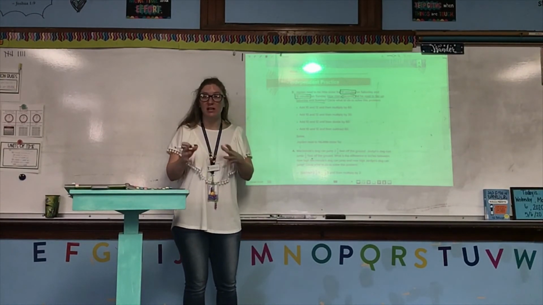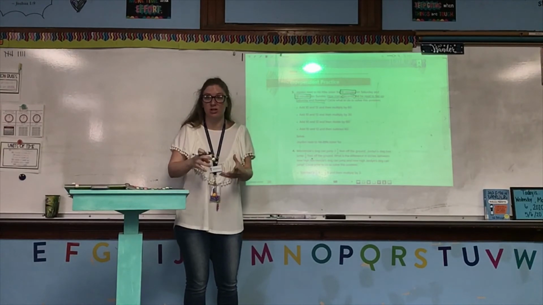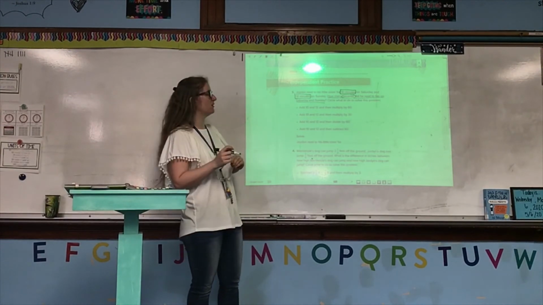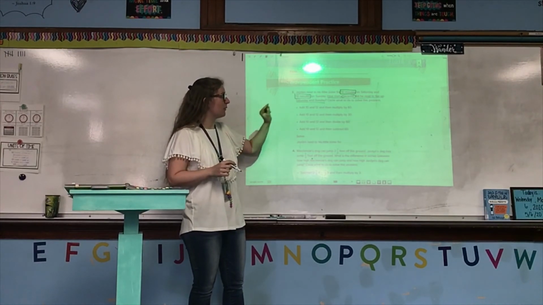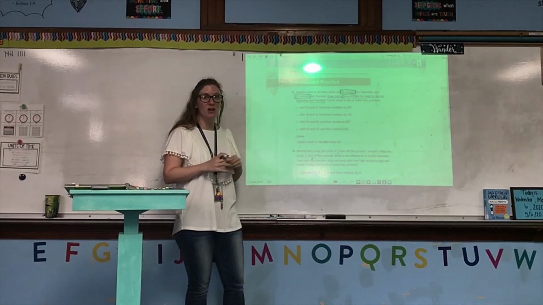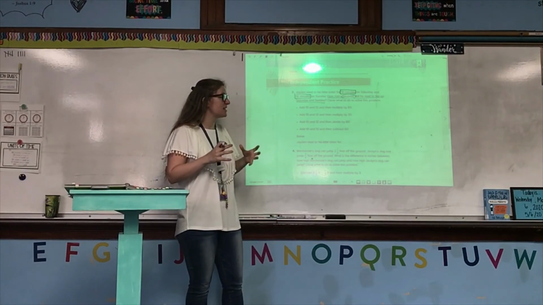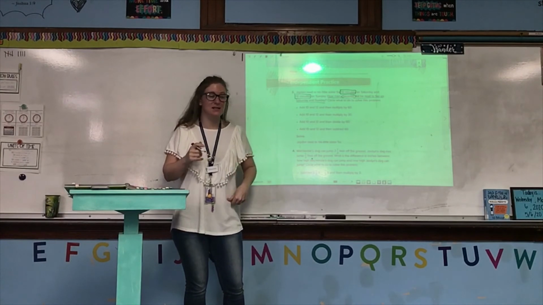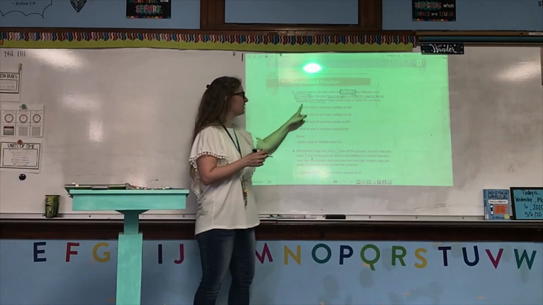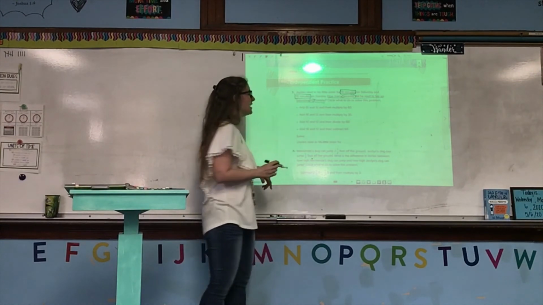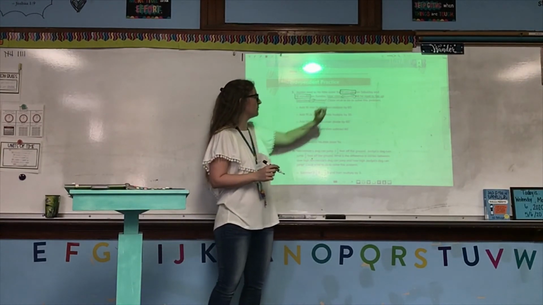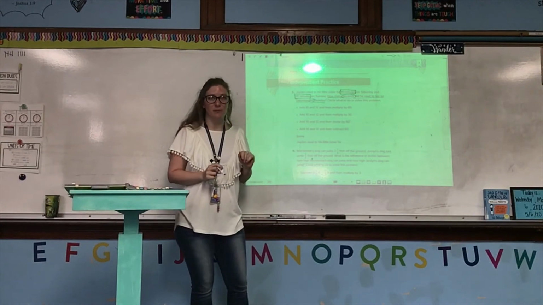So that means we can go ahead and figure out what operation we're going to do first before we have to convert. He read 10 minutes on Saturday, 12 minutes on Sunday. The question is asking how many seconds he read to her on Saturday and Sunday. So the fact that we're trying to figure out how long he read on Saturday and Sunday means that we're going to take 10 minutes and add it to 12 minutes.